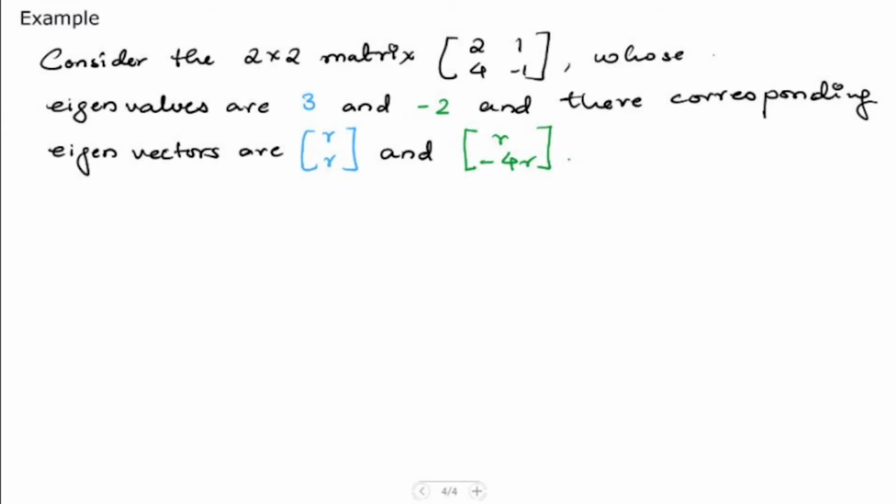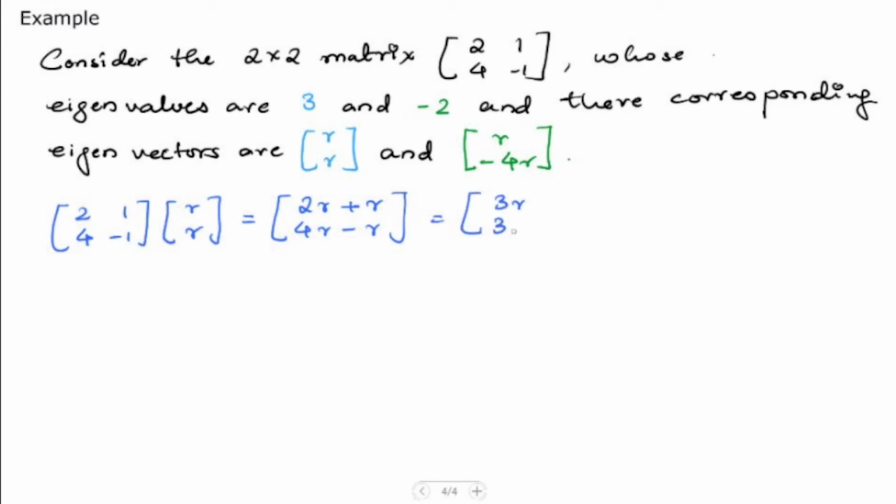So what this shows here is that if you take the matrix 2, 1, 4, minus 1, and multiply it by the eigenvector r, r, we get here 2r plus r, and then we get here 4r minus r, and that is equal to 3r and 3r, where if you take out 3 as common, you get here r, r.